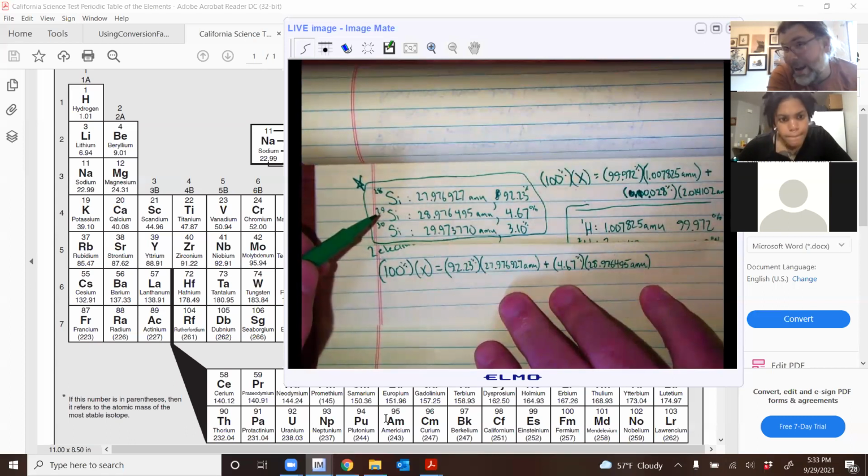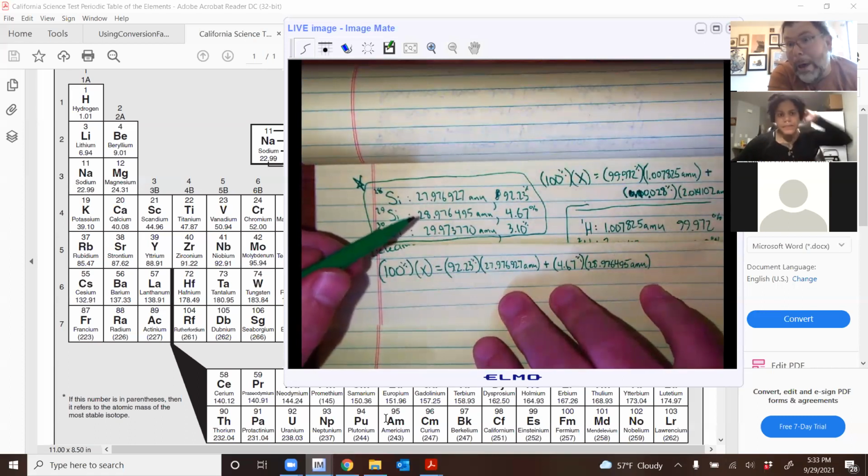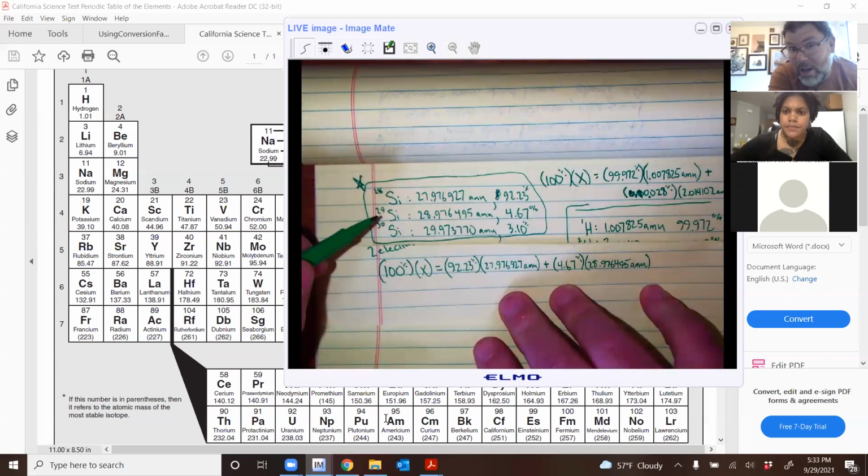Remember, 29 is about what that isotope weighs, right? So is that pretty close to 29? Heck yeah, it's pretty close to 29, right? So we said that protons are about 1 atomic mass unit. Neutrons are about 1 atomic mass unit. So yeah, this isotope math is pretty close to what that isotope number tells us.